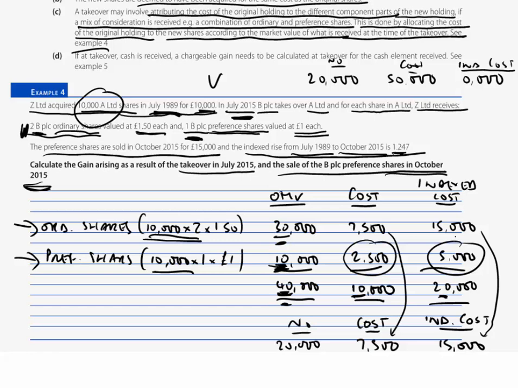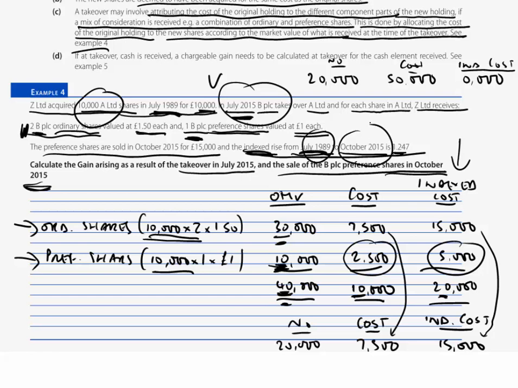But here, what has happened is they haven't told you the index cost. They haven't told you RPIs or indexation from July 89 through to the takeover date, July 15. Instead, and I repeat, this is to make life easier for you, they tell us the indexed rise from July 89 through to October 15.